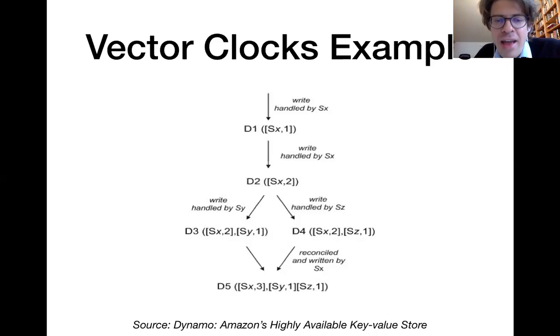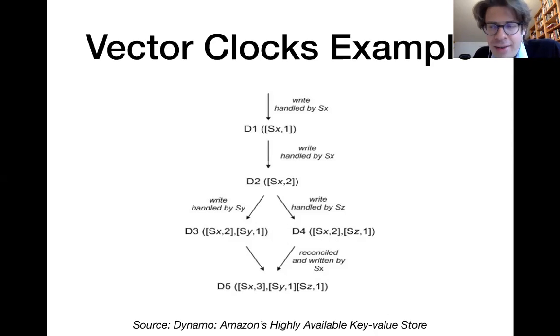So here we have already 2 different versions of the object, but clearly the second version is the more recent one because it has been created based on the first version. And here we see that SX is set to 2, while it is set to 1 in the other version. So here the vector clock of D2 is uniformly more advanced than the vector clock of D1.